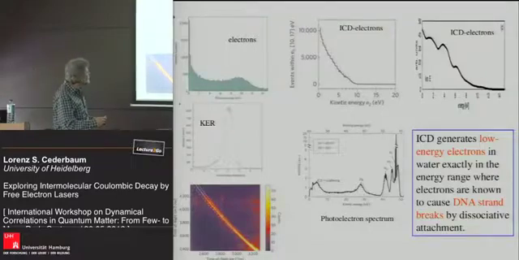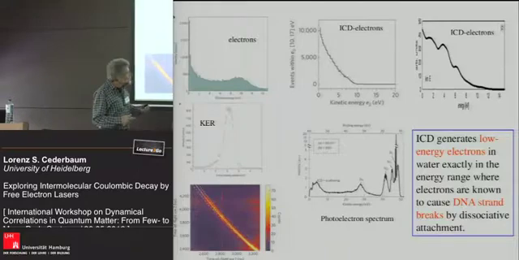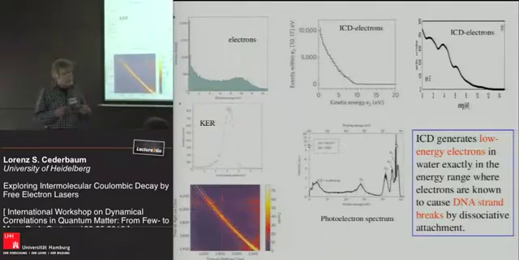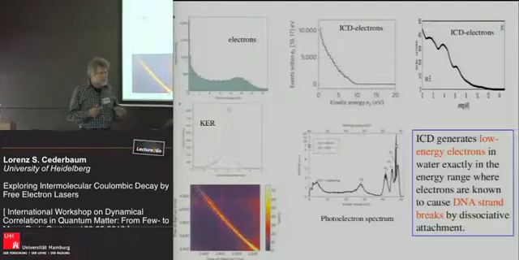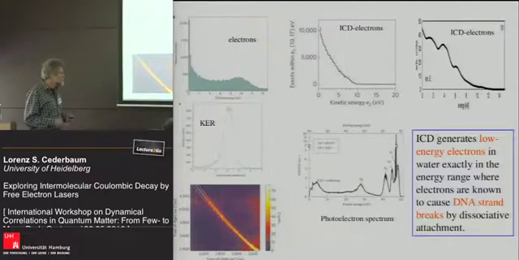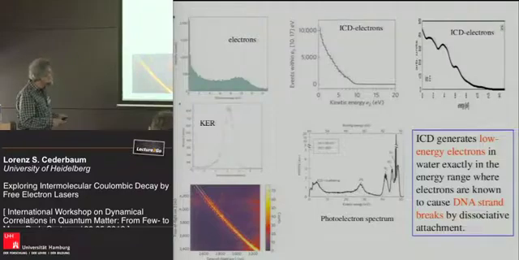Also here, the distribution of ICD electrons is between 0 and 10 eV. Maybe it peaks a little differently, but it's between 0 and 10. And as I said, this is very relevant because it was found that it's the slow electrons that, by dissociative attachment, break the DNA strands. Single strand breaks and even double strand breaks, which are irreparable, are done by slow electrons. And here you have the slow electron produced at the site where you excite.